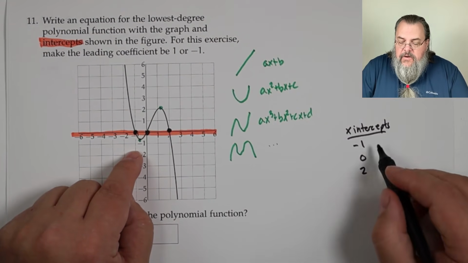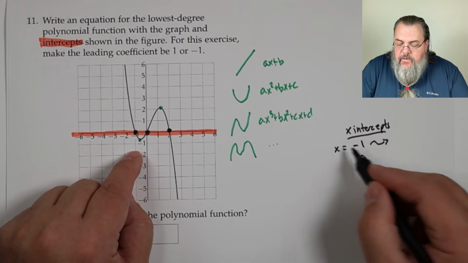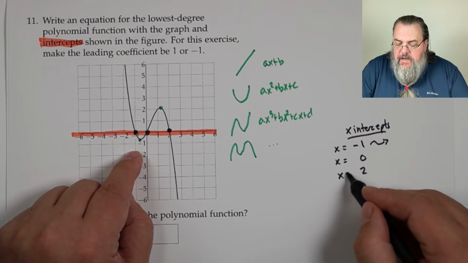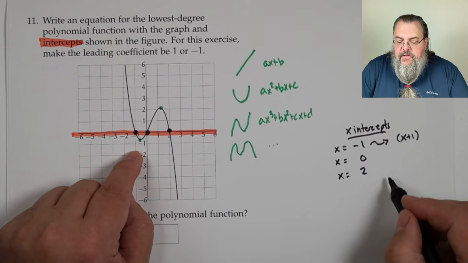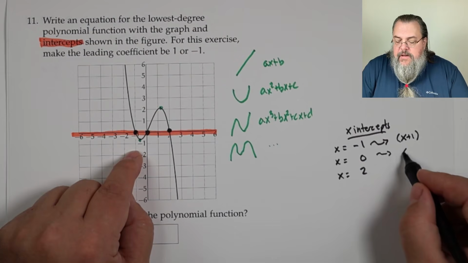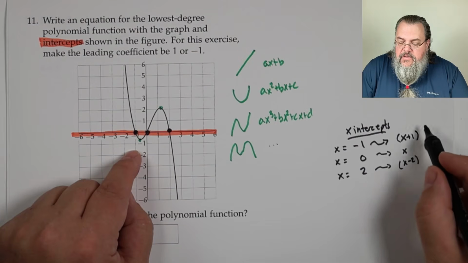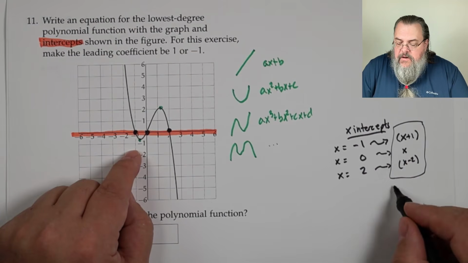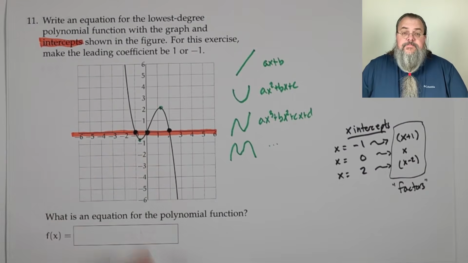So think of these as x equals, x equals, x equals. We're going to think of this as corresponding to an x plus 1 piece. For x equals 0, we're going to think of that as an x piece. For x equals 2, we're thinking of this as an x minus 2 piece. So these parts right here, these are our factors of the polynomial.